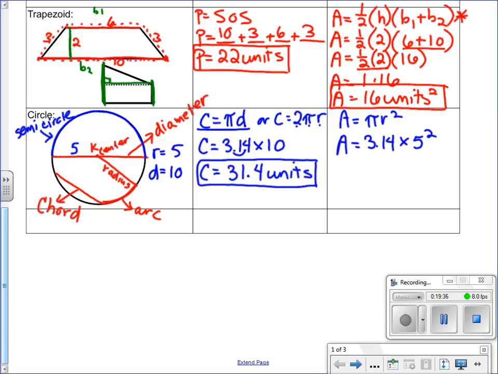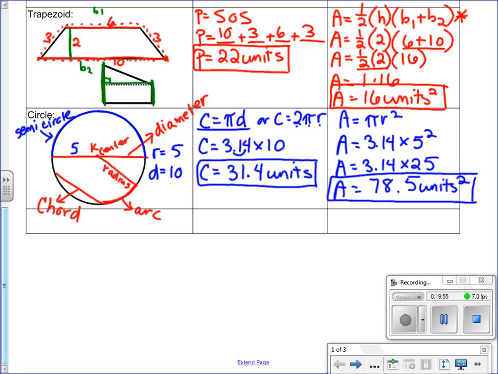If you can remember what square is, though, that's great. So area is equal to 3.14 times 25, because 5 times 5 is 25, which gives me 78.5 units squared. Okay, so there is what we're talking about there. We're just squaring those units.